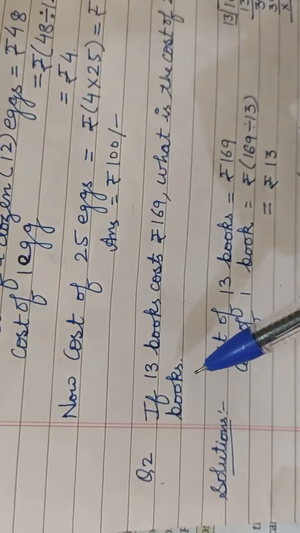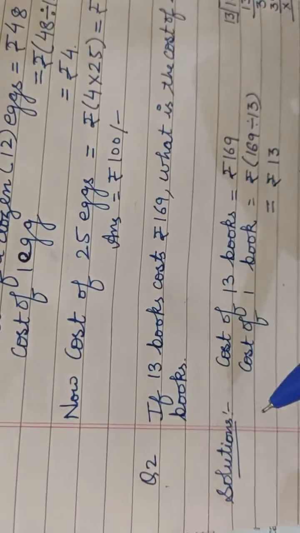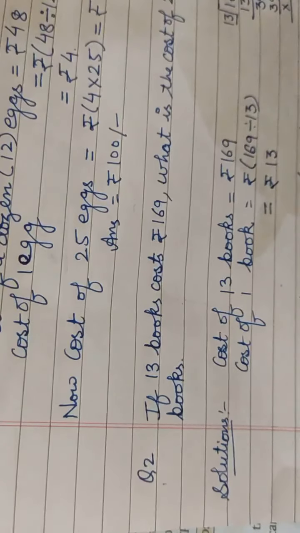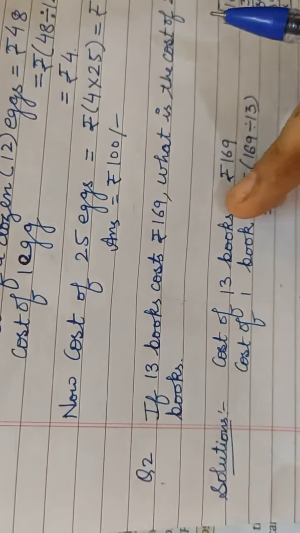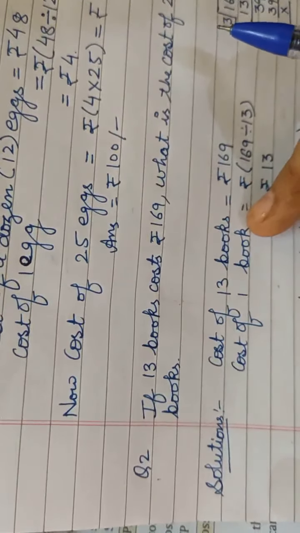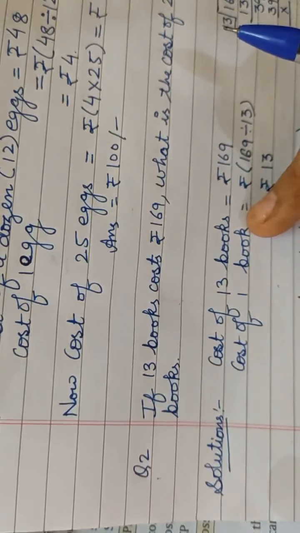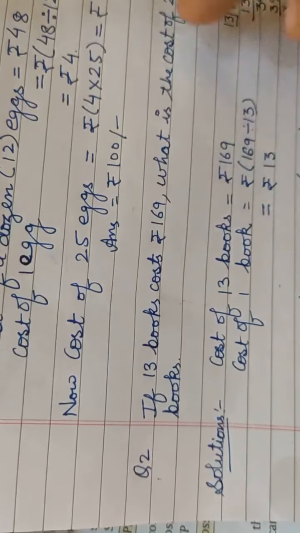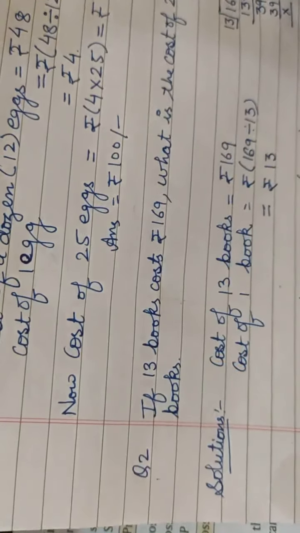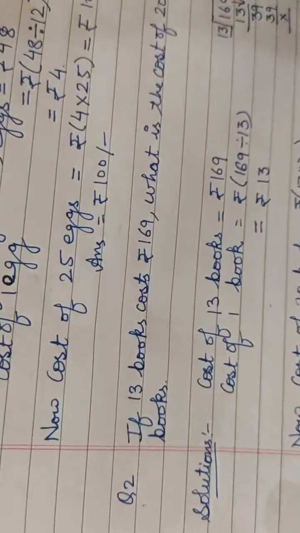So what you will do, you will apply the unitary method. In the unitary method, you will find the cost of one book first, and after finding the cost of one book, you will multiply the cost of one book by 20 to get the cost of 20 such books. So let's start the solution.